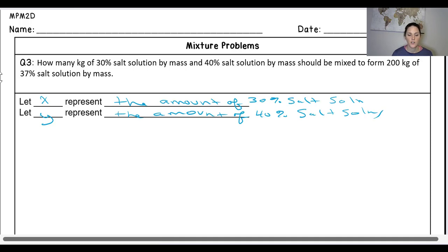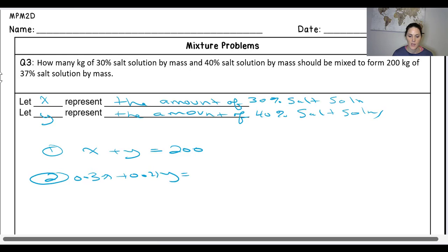Okay, so our two equations. Equation number 1 is x plus y equals 200. The second equation is 0.3x plus 0.4y equals 200 times 0.37.